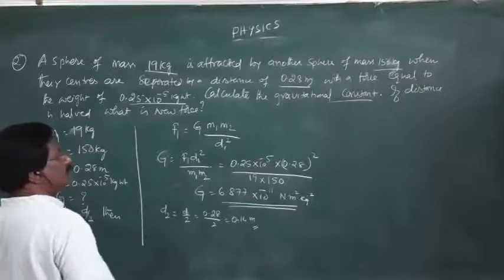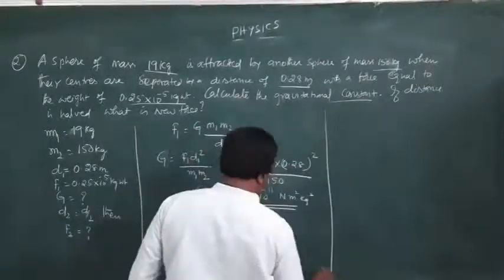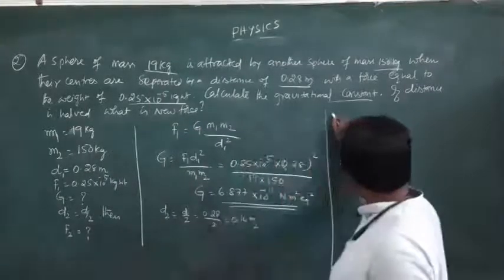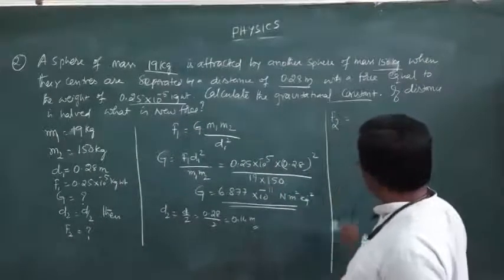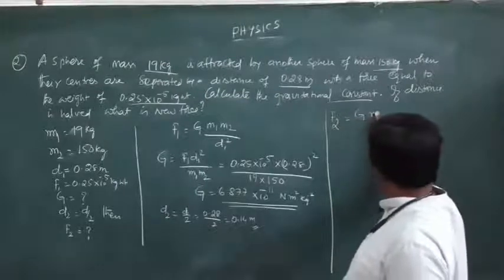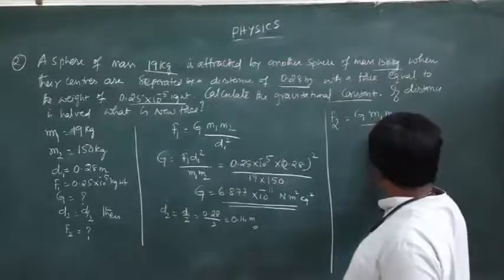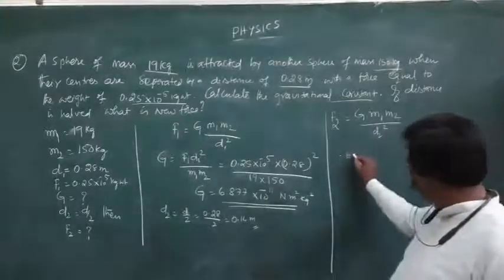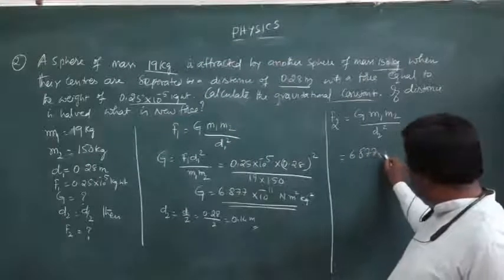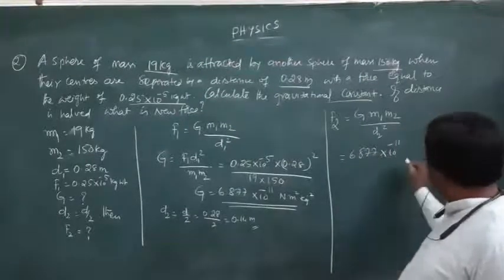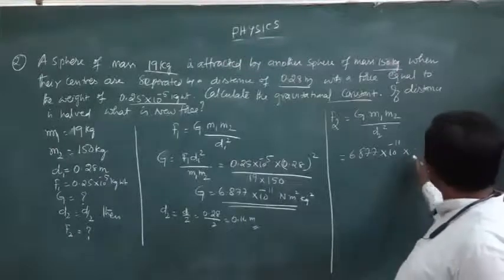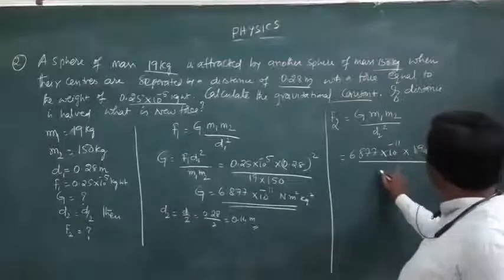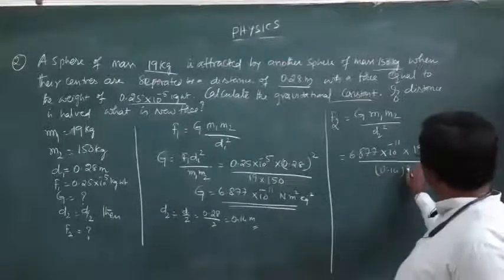If this is the distance, what will be the force F2? With this G value we substitute here. F2 is equal to G into M1 M2 by D2 square. G is 6.877 into 10 raised to minus 11, into mass 19 into 150, divided by D2, which is 0.14, whole square.